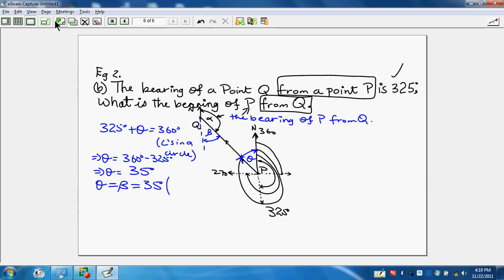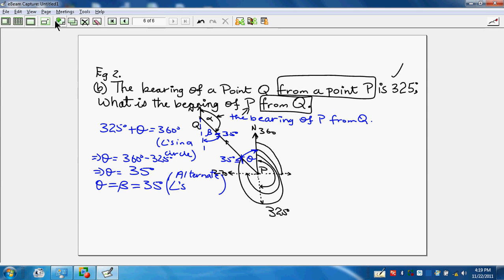And the reason is that those angles are alternate angles.